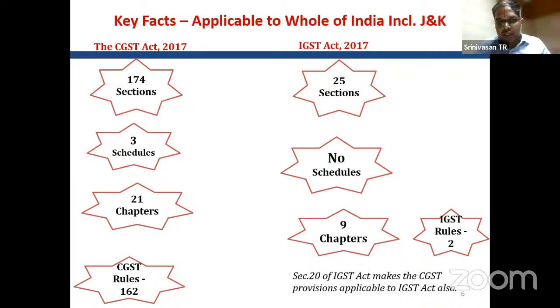Largely 99.99% of the sections are identical between the CGST Act and the respective state GST Acts, except for a few transitional provisions. Otherwise, everything is largely the same. This is the overall position, including Jammu and Kashmir. Jammu and Kashmir adopted it about 7 days later after GST came into picture.